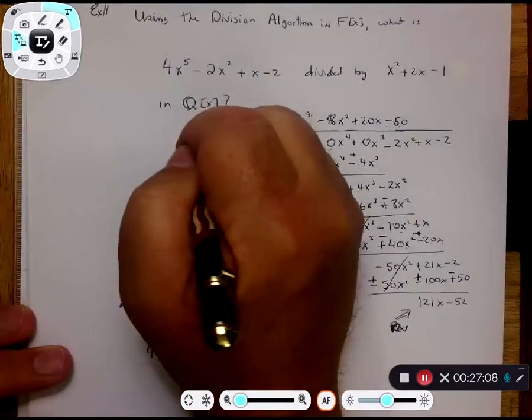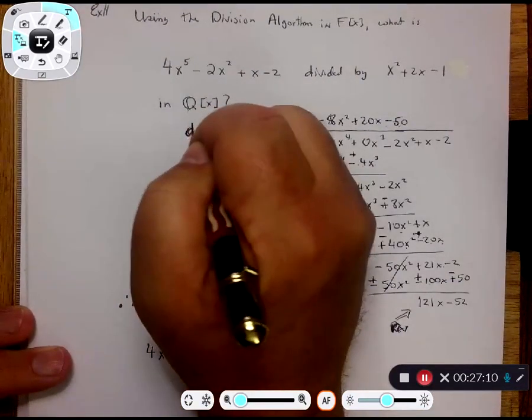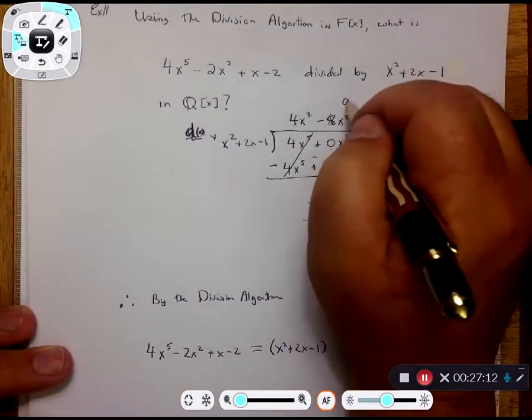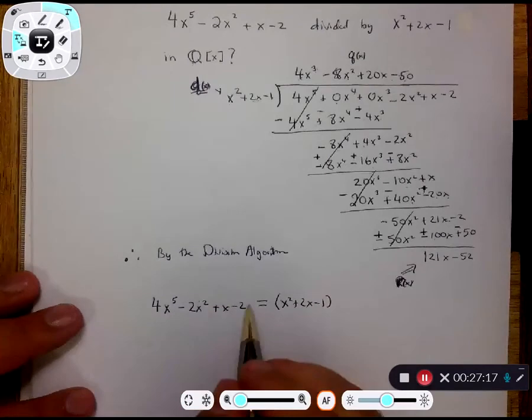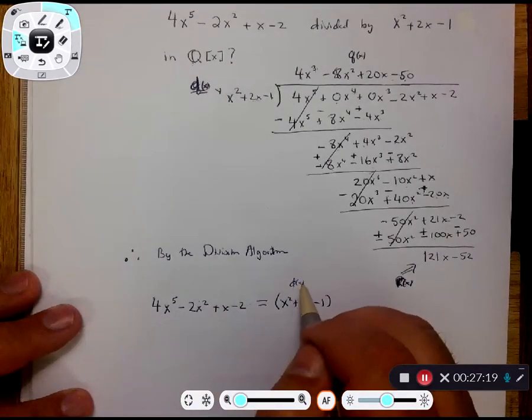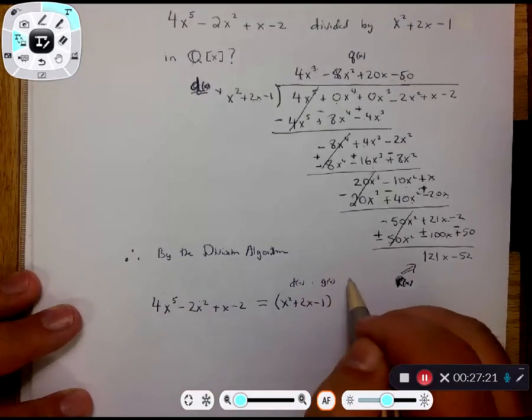This, by the way, is the divisor. I call him little d of x there. This is my quotient, q of x up here. So the dividend is equal to the divisor times the quotient plus the remainder.